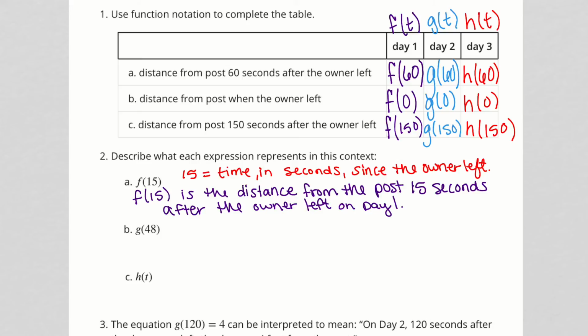Yeah, 48 is the time in seconds since the owner left. What does the whole thing mean? The same for A? What do you mean by that? So if I said G of 48 is what?